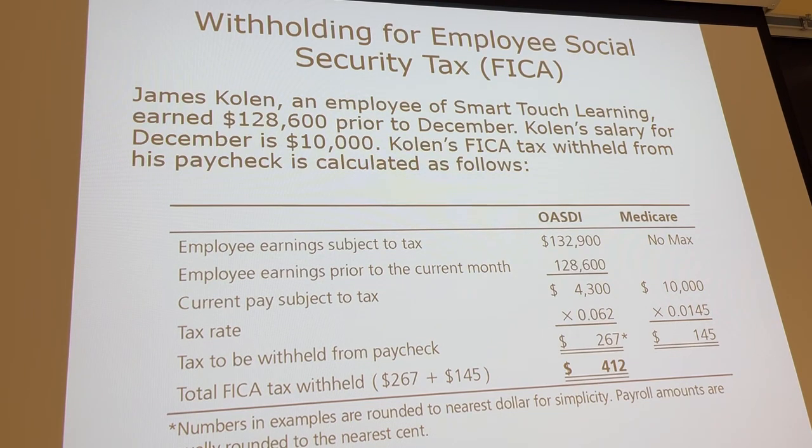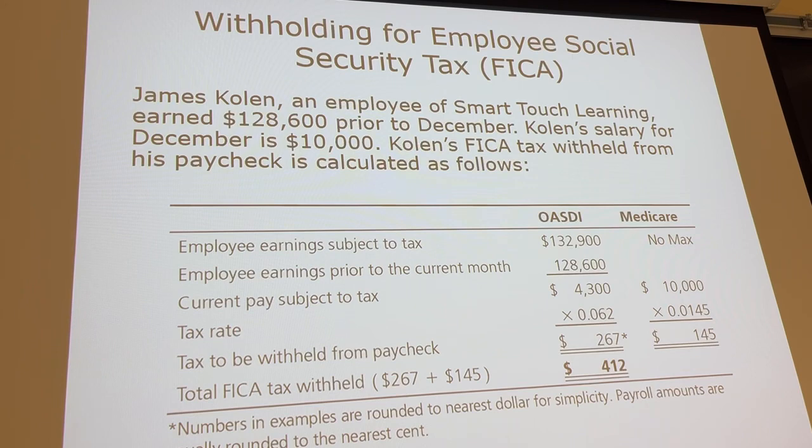Now, the Social Security tax only applies up to a certain amount per year, which is called the Social Security wage base. In this example, at the time that the textbook was written, the maximum amount per year per employee that Social Security applied to was $128,600 of earnings.